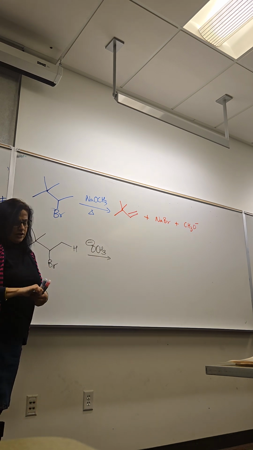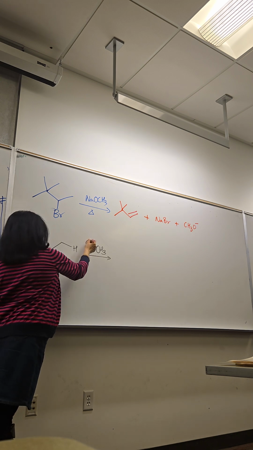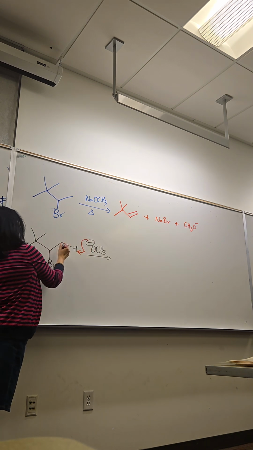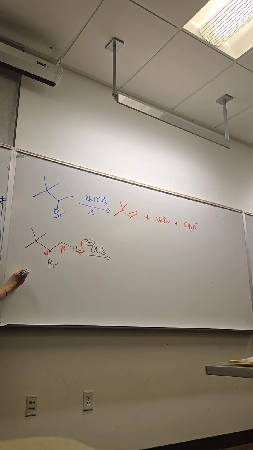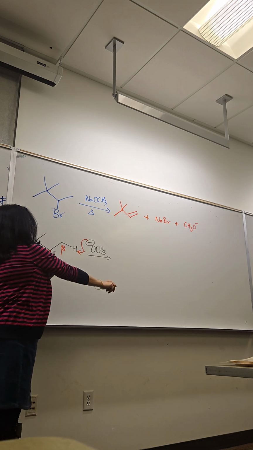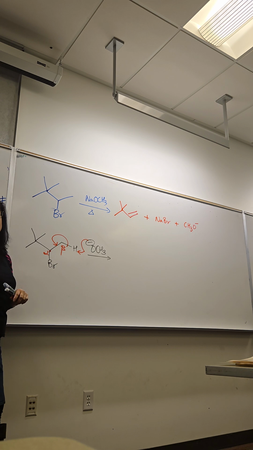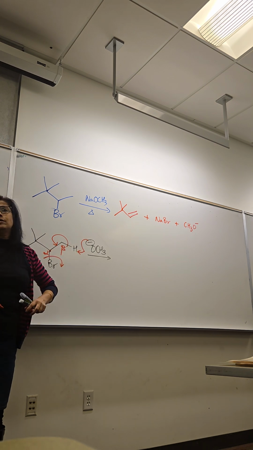It's electron rich, the same reason why it was a nucleophile, it's now a base. It takes a proton from the beta position. This is the alpha, always the alpha carbon, so it's more of a reference point for us. And if it takes that proton, this carbon-hydrogen bond breaks and we make a pi bond, which means that we need to kick out the leaving group.